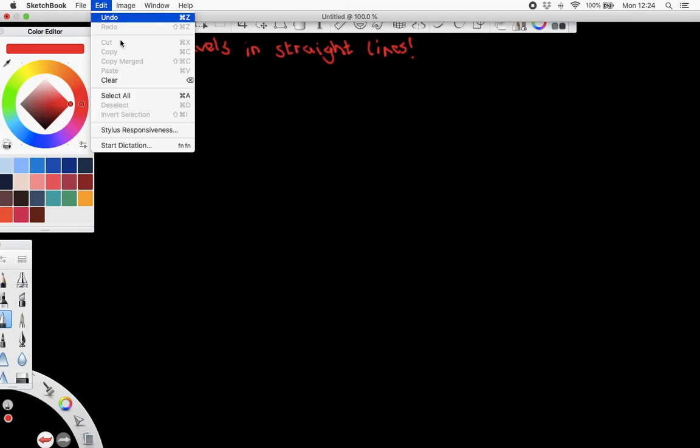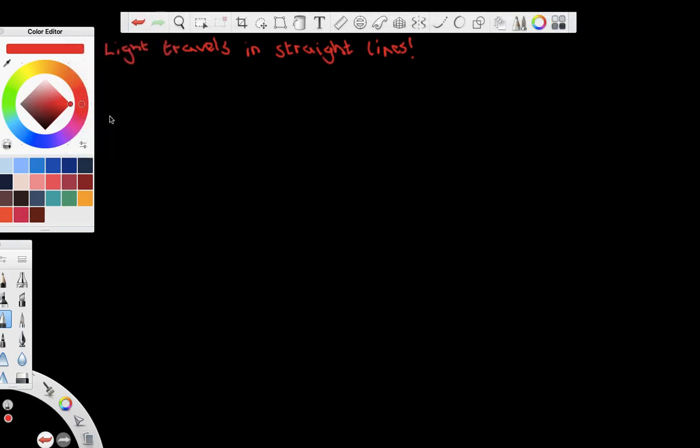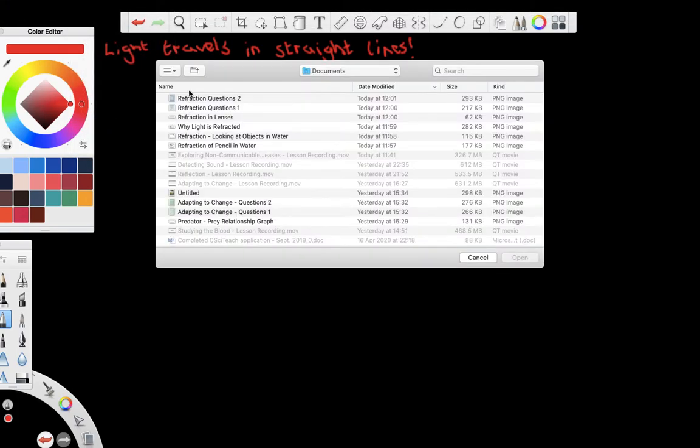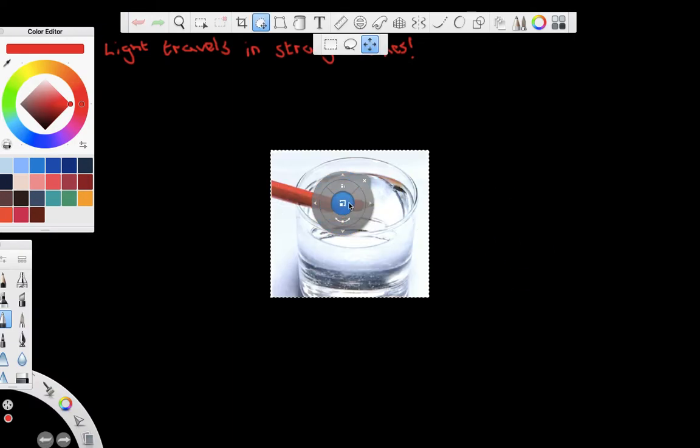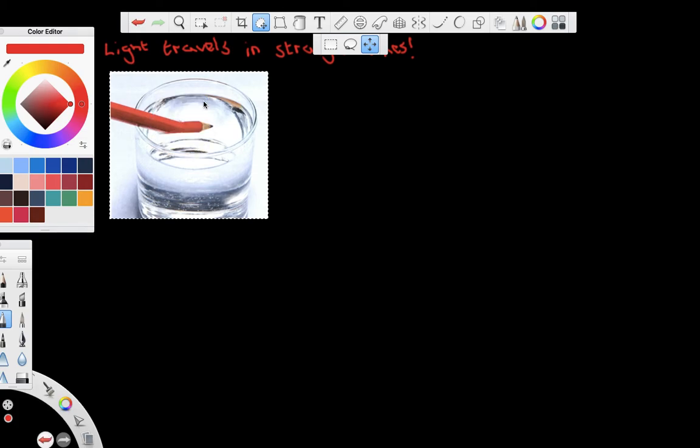So what I would like you to do, I would like you please to have a look at this image that is on the PowerPoint, but because I'm using Google Slides, I have to put it on the board like this. I'd like you to have a think about why this pencil appears to be bent. If you put a pencil or another object in a cup of water and you look down at it, it appears that the pencil is bent.